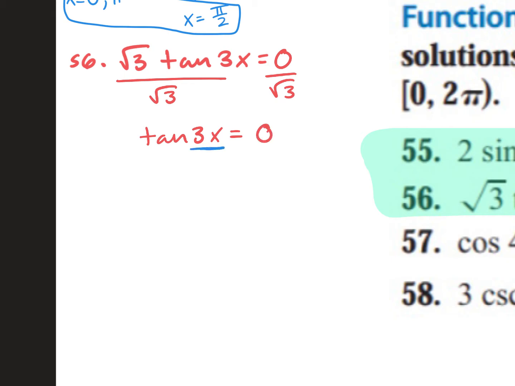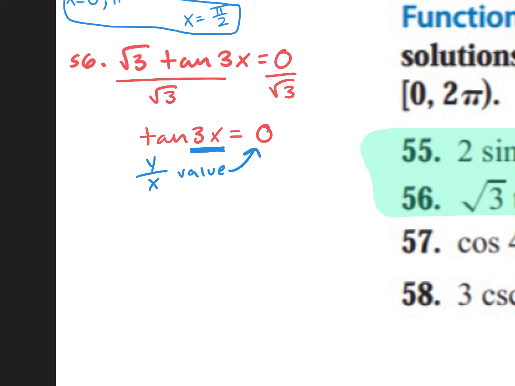I can't touch inside here yet. I just have to find what the tangent of 0 is. So tangent tells me I look at what value on the unit circle? Y over x. So I have to see where my y over x is 0. So pretty much I just need to know where my y is 0, because if it was 0 on top of the fraction, the whole fraction is 0.